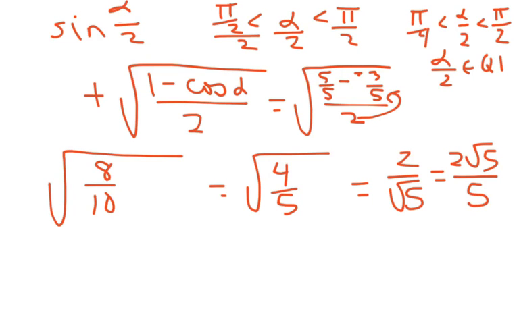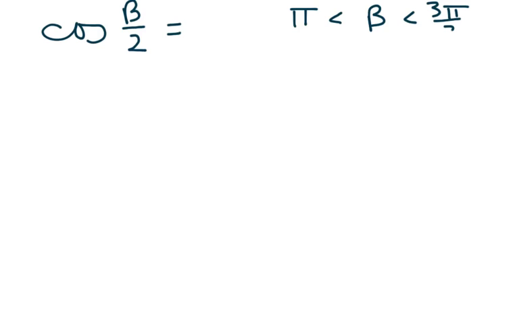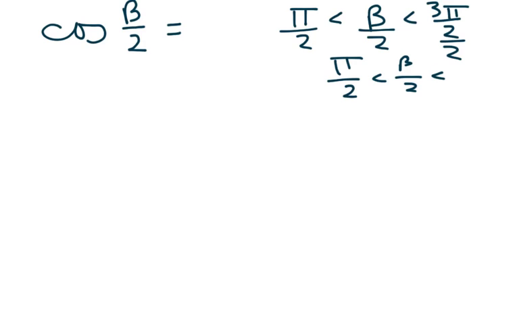Okay, now for cosine of beta over 2, I have to determine where my beta lives. Well, my original beta for this one lives in quadrant 3. So now I've got to determine where beta over 2 lives. So I divide each piece by 2. So for beta over 2, the domain is 3 pi over 4 here.